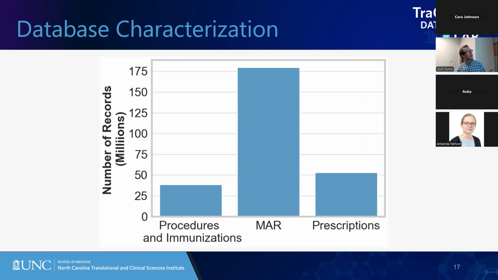This is from the drugs table, in terms of millions of records. Administered records make up most of the drug exposure table. Then you have about 35 million procedures and immunizations, and about 50 million prescriptions.